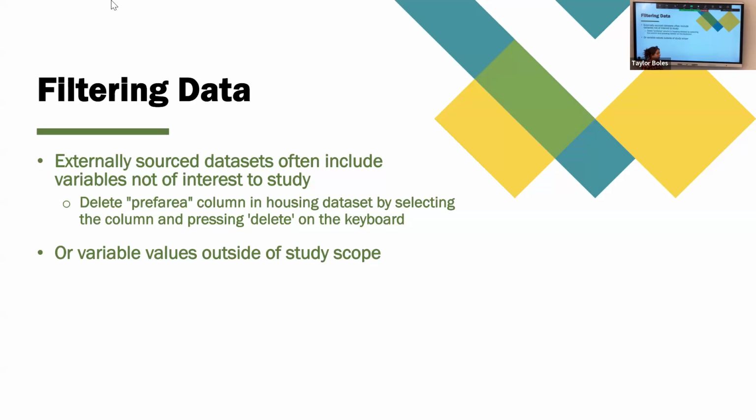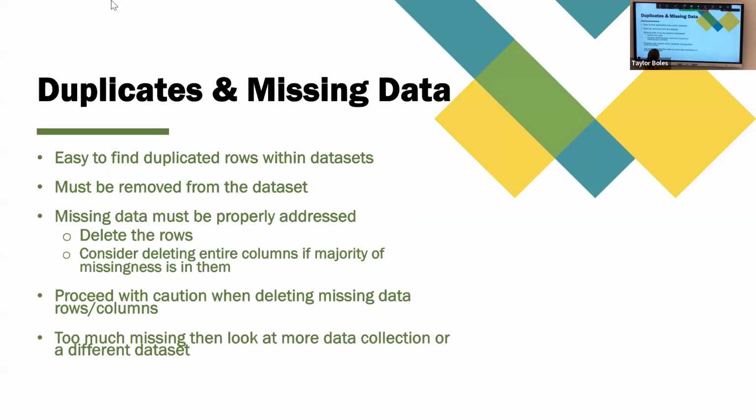That's often the case with a lot of these data sets that you source online, where people have been looking at other things that may just not be of interest to your study. So it's perfectly fine if you just don't consider them and delete them from the data set. But anytime you're deleting anything from a data set, you should be cautious.